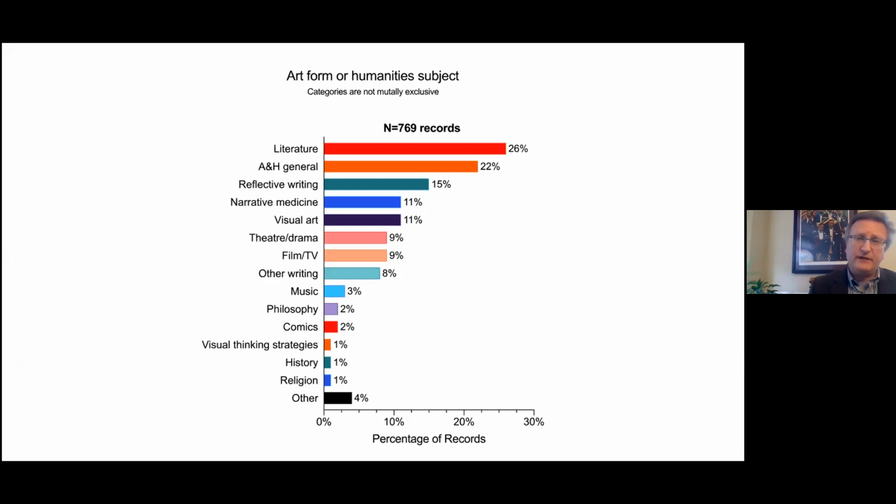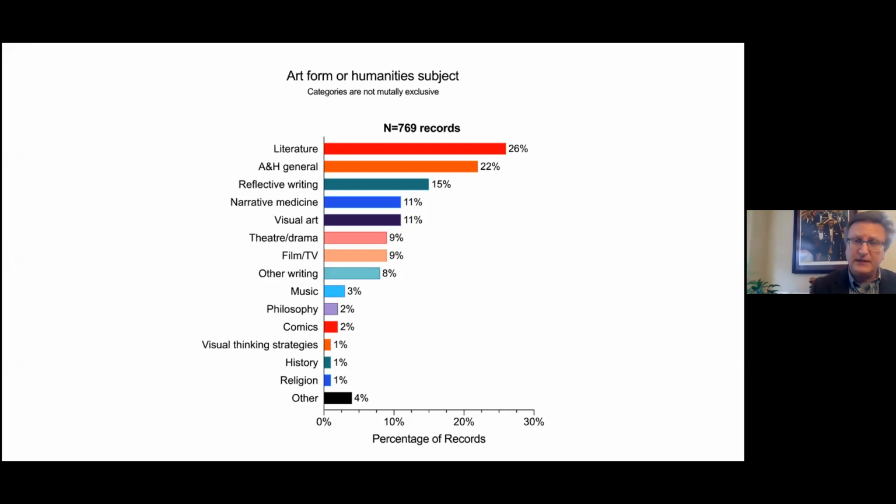Here are the various art form or humanities subjects that appear in the records in our scoping review. The records include mostly journal articles, but also include books, book chapters, and theses. We did not do gray literature or hand searching due to time constraints.